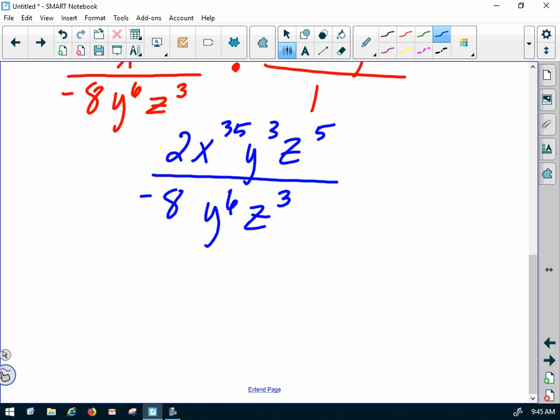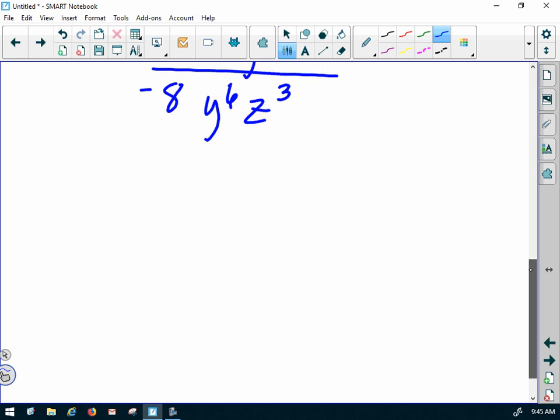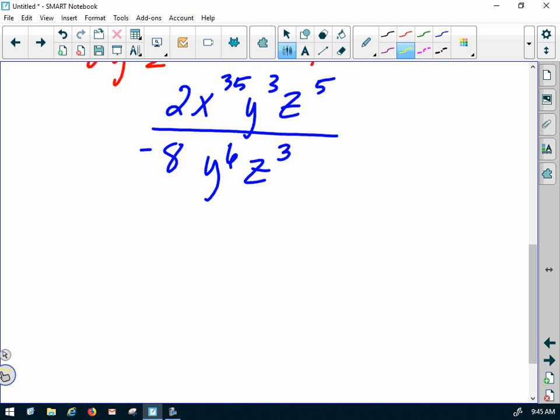All right, so let's look at what we've got. That's 1 over negative 4. I don't have any x's in the denominator, so that's going to just stay put.